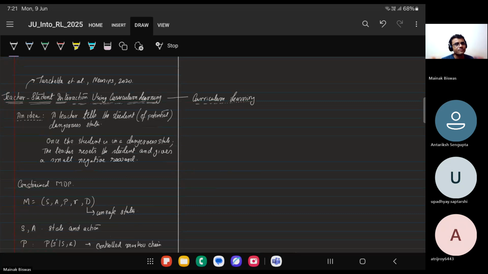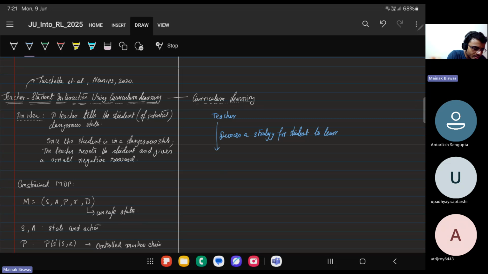Finally, the other set of algorithms that we're going to study today is called curriculum learning. In curriculum learning, this is again a teacher-student algorithm. We have done the actor-critic algorithm. Now this is a teacher-student algorithm where the teacher devises a strategy for students to learn in a dangerous environment.